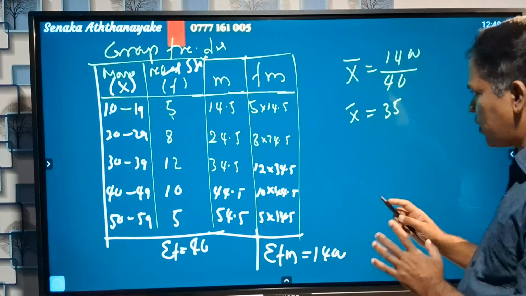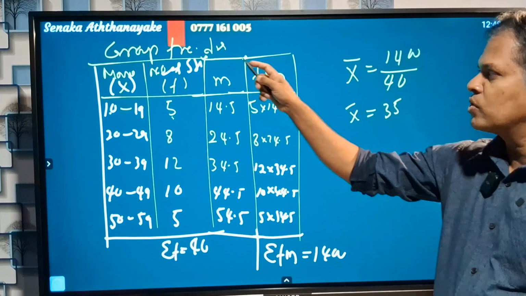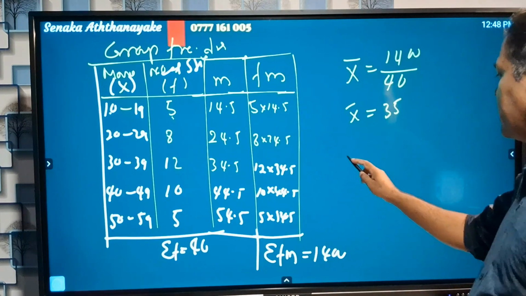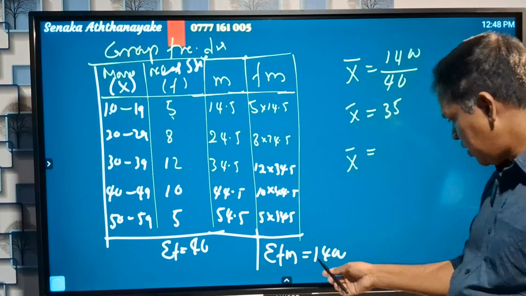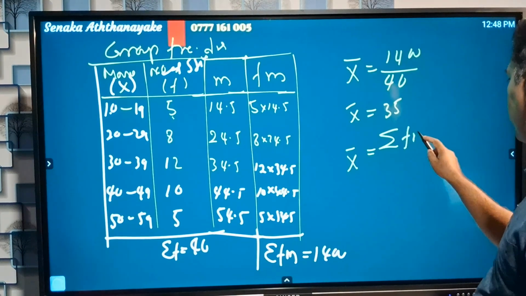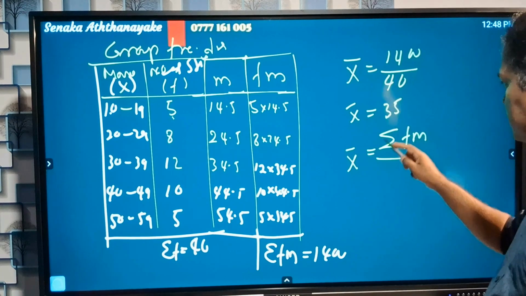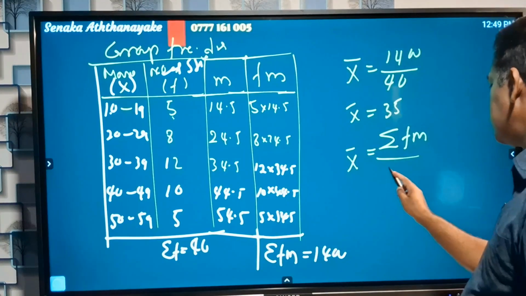If you want to write another formula for x bar using the group frequency distribution, x bar is equal to what? 1400 as a notation is sigma fm, divided by 40. What is 40 as a notation? Sigma f.